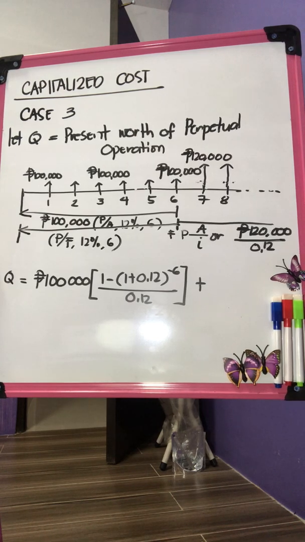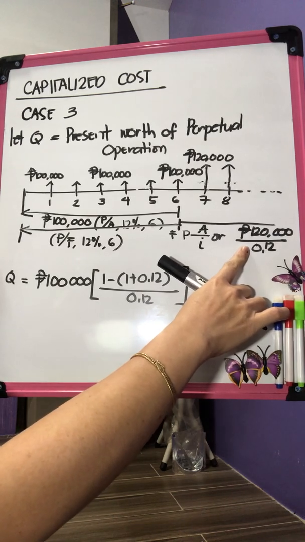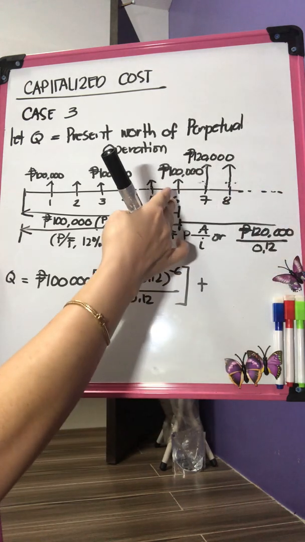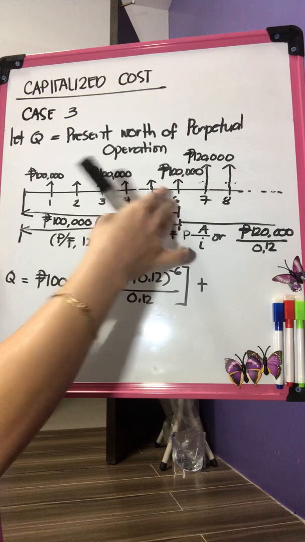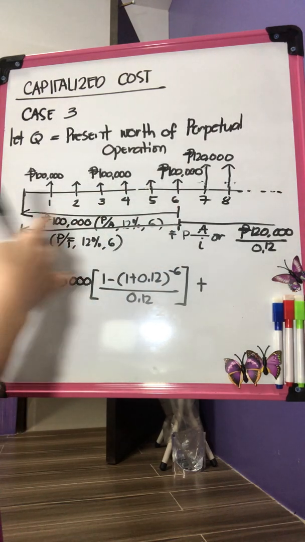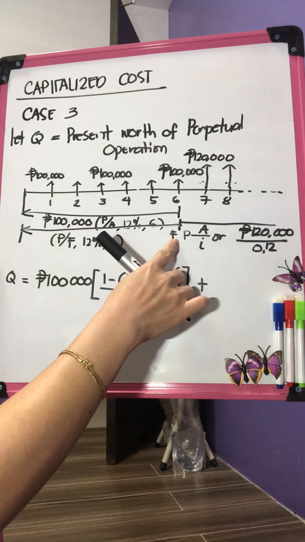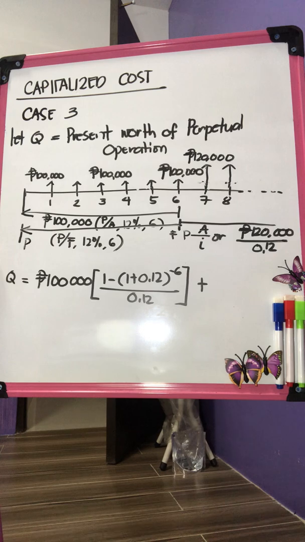Okay? So, ulitin ko ha, yung 120,000 dito na makukuha natin, that is the present worth from here, kasi nga indefinite yung time, hanggang pabalik lang hanggang 6th year. But what we need to get is the present worth ngayon. So, yung makukuha yung P dito, yun yung magiging F natin na gagamitin natin dito para makuha naman natin yung P natin dito.